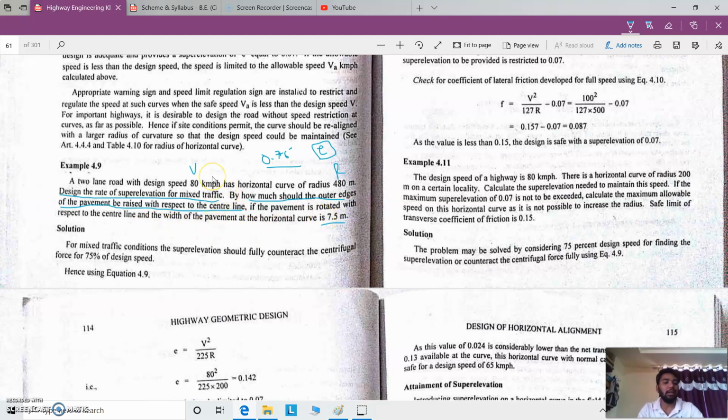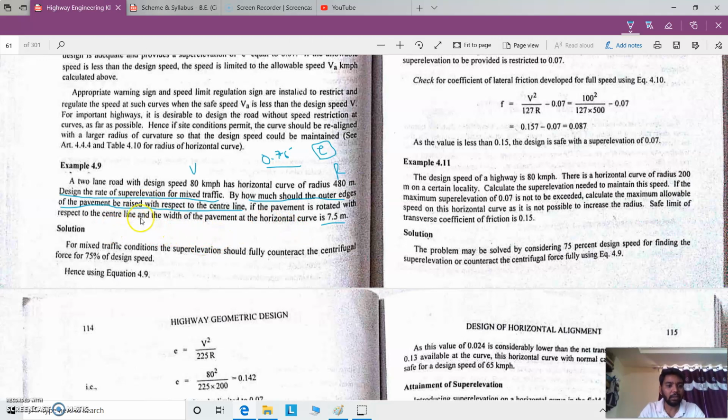So here the question is given for two cases. One case is what the super elevation is, and when the pavement is rotated about its center, what is the value of super elevation. So let us see the solution.